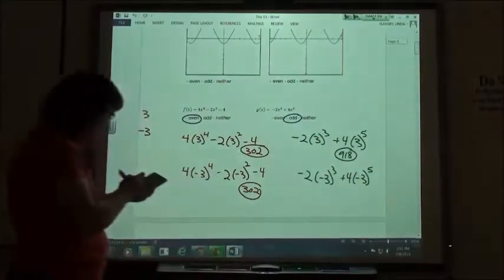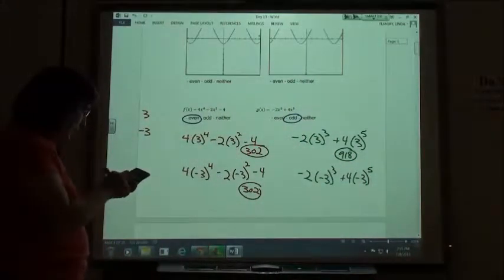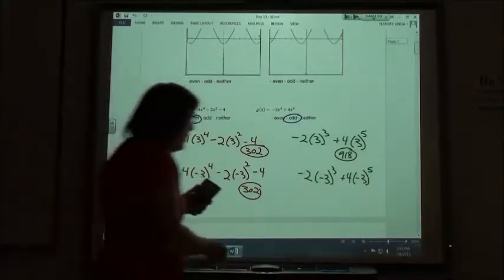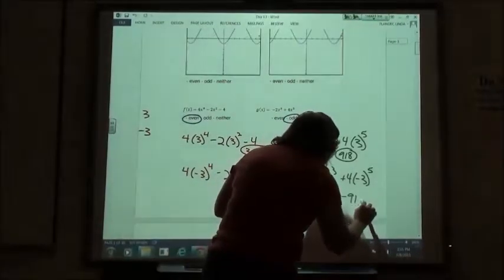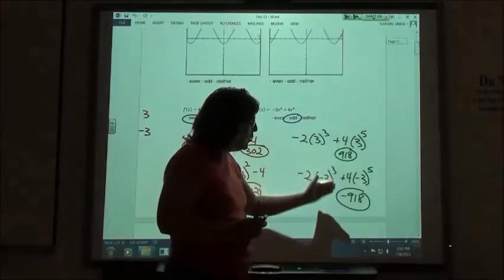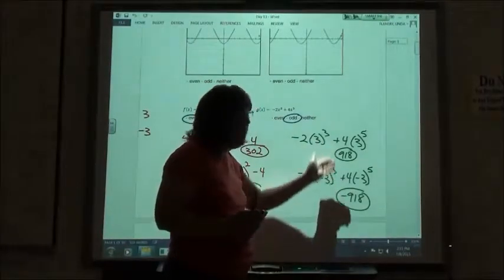If I do the bottom, -2 parentheses -3 parentheses cubed plus 4 parentheses negative 3 parentheses to the 5th, I get negative 918. So notice on these values I have the same number, but they're opposites.